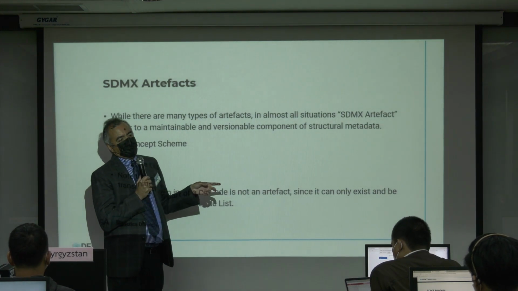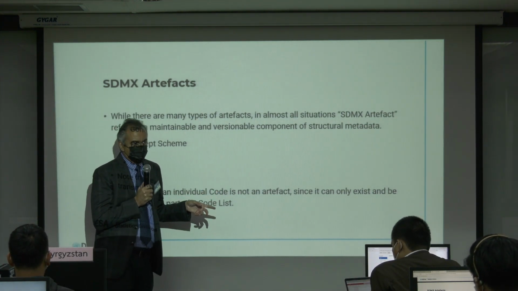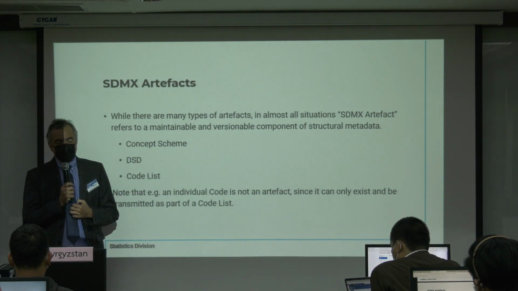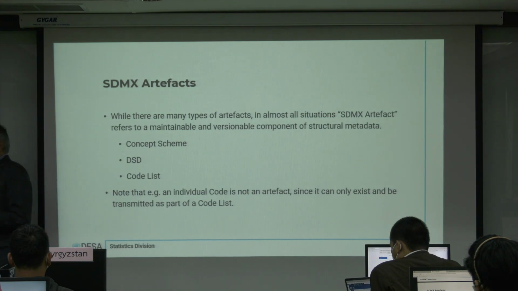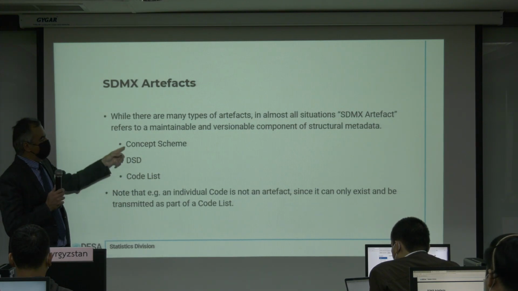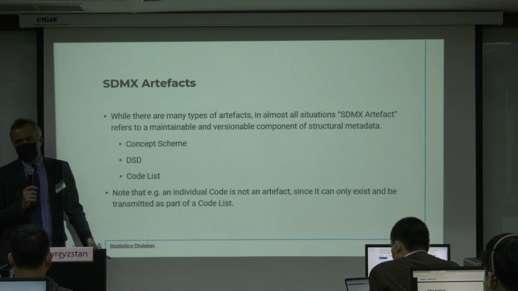Now, an SDMX code is usually not referred to as an artifact. Strictly speaking, it is, but it's not maintainable. But usually, when people talk about SDMX artifacts, they mean maintainable artifacts.